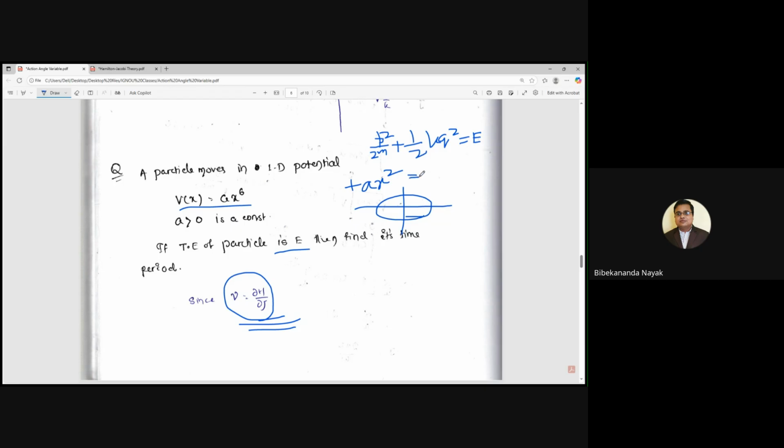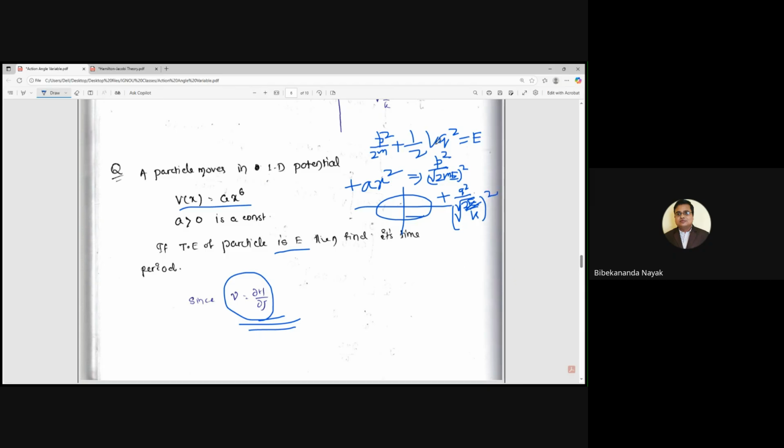Or you can write p squared divided by 2mE, plus q squared divided by 2E by k, equal to 1.